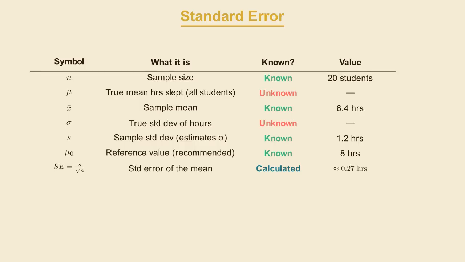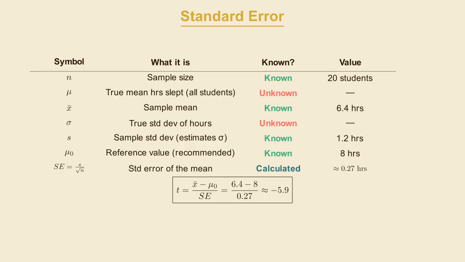That's how much you'd expect your sample mean to vary if you ran the survey again with a fresh group of 20 students. Using this 0.27 hours, we can now figure out how many standard deviations away from the recommended value of 8 hours of sleep per night our sample ends up sitting. So we take our 6.4, subtract off the 8 recommended hours of sleep per night, and divide by 0.27. We end up getting approximately negative 5.9.